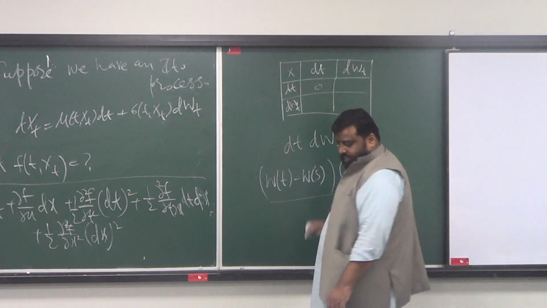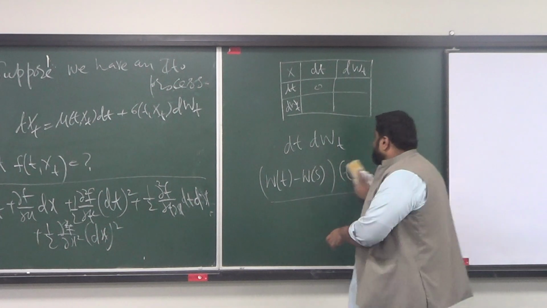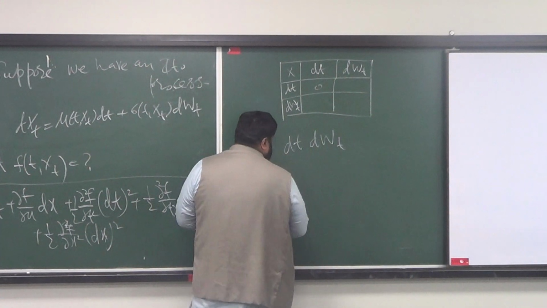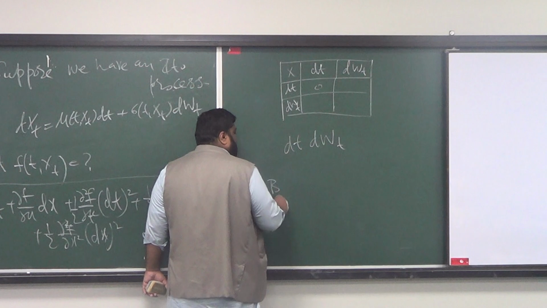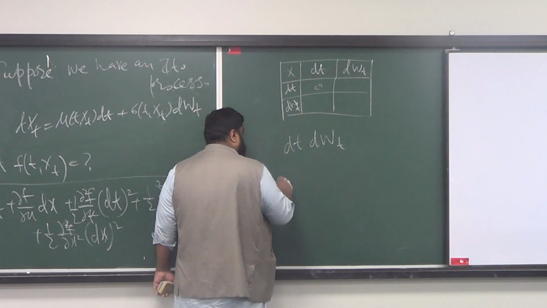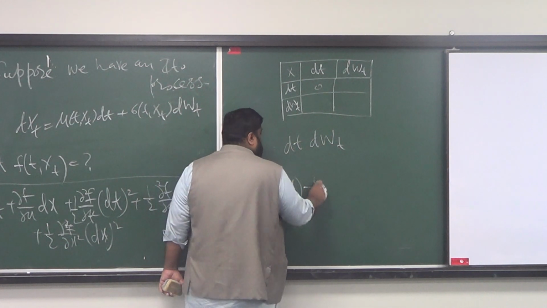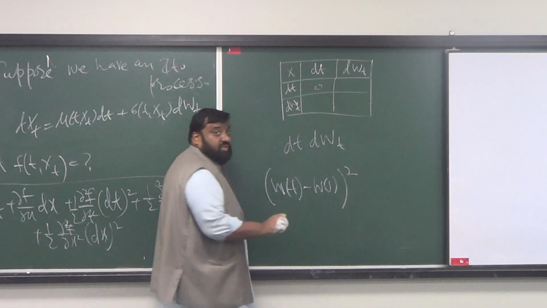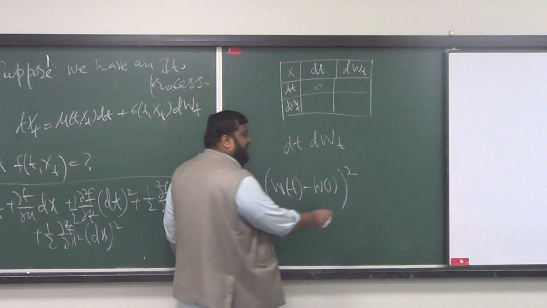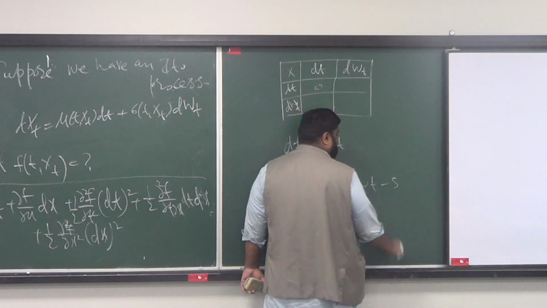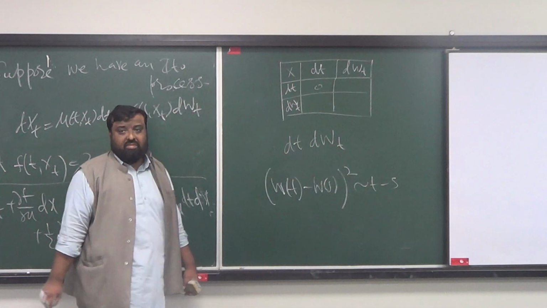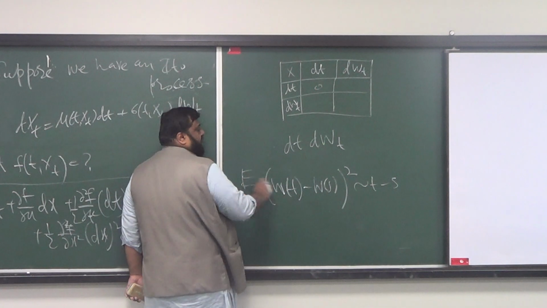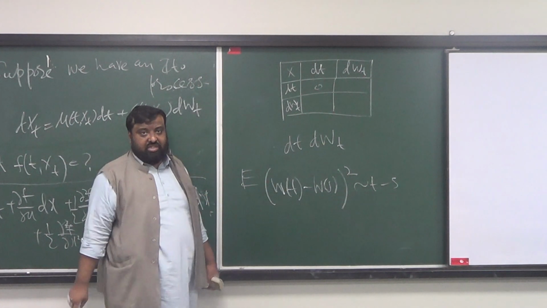Let's think from this perspective. I know that for Brownian motion, (W_t minus W_s) squared, in the L² sense, is approximately t minus s. In other words, its expectation is t minus s.